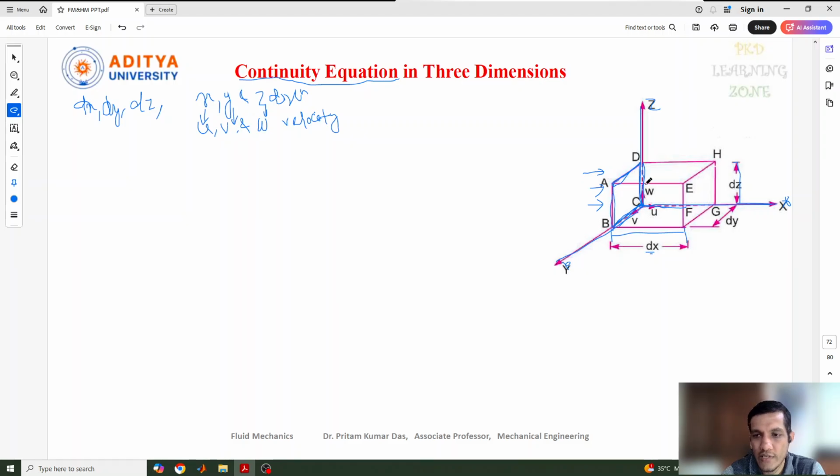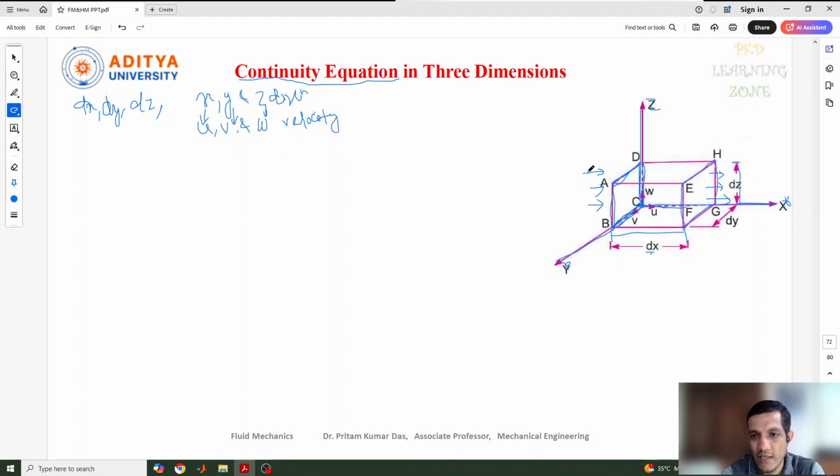And similarly, we need to find the mass of fluid exiting at the opposite side, which is nothing but this EFGH. Similarly, we need to find the mass of fluid entering at the side ABEF and exiting at DHGC. We will discuss that later.